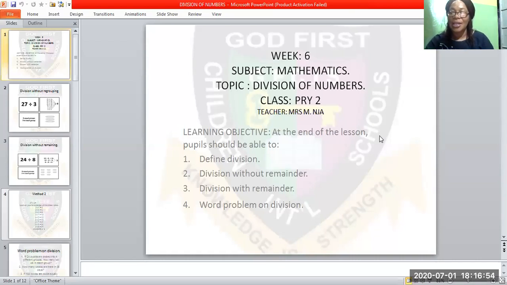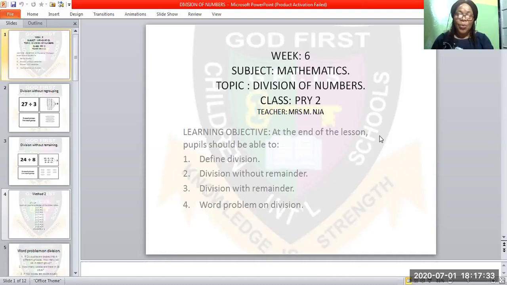And what are our learning objectives? Objective number one, we are going to define division, and work out division without remainder, okay?